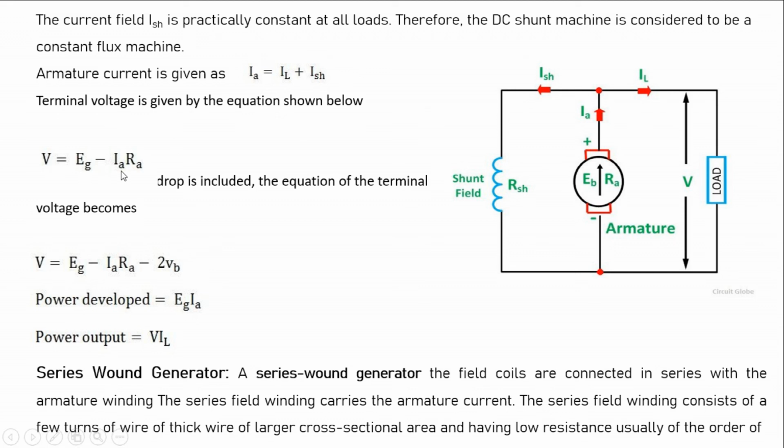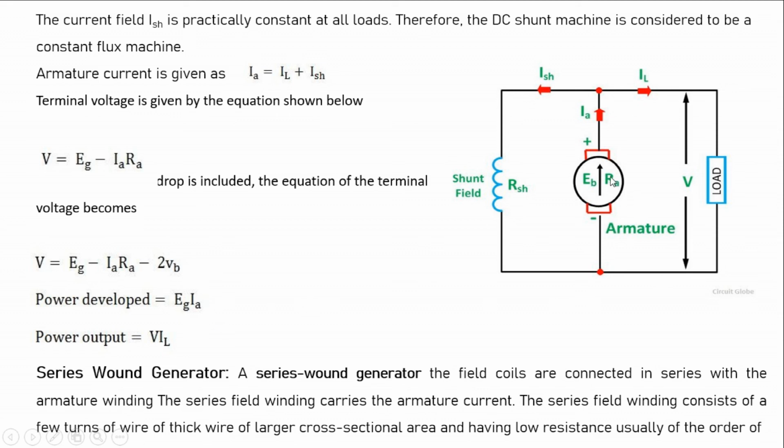So V is equal to EG minus IA RA, and if the brush contact drop is included, V is equal to EG minus IA RA minus 2 VB.